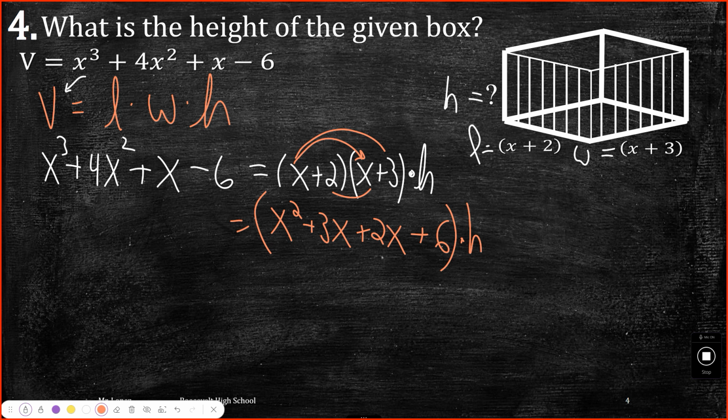On the left side, we bring down our x cubed plus 4x squared plus x minus 6. We're going to divide both sides by that right here.